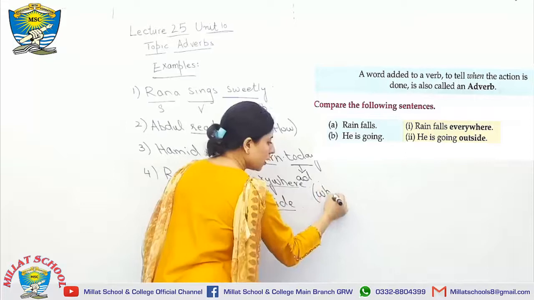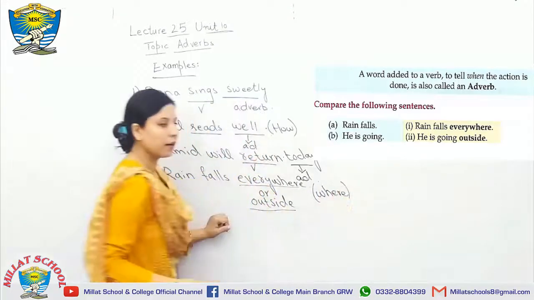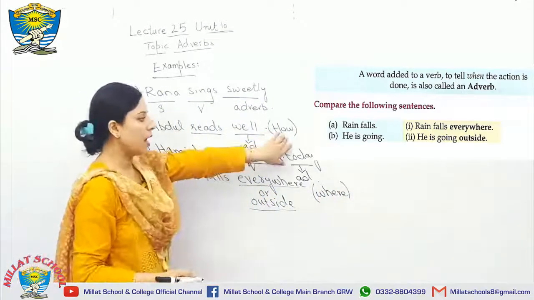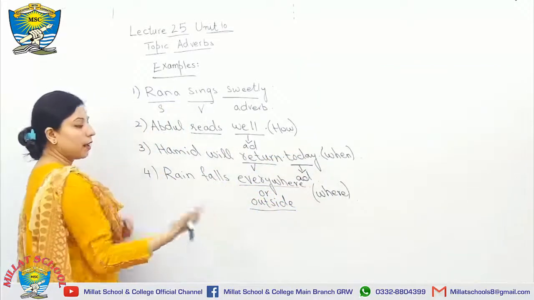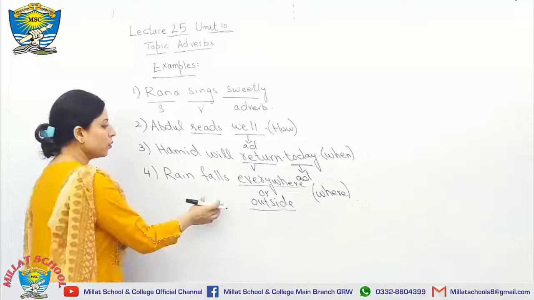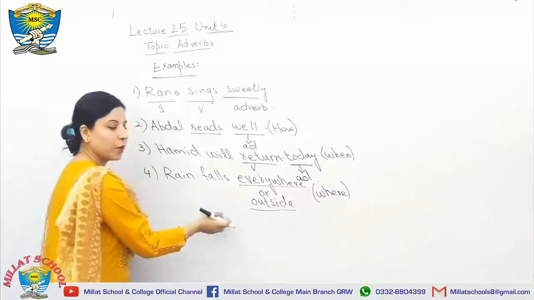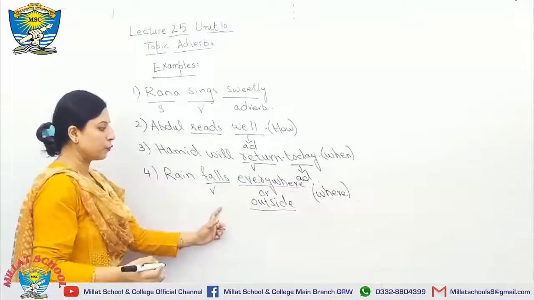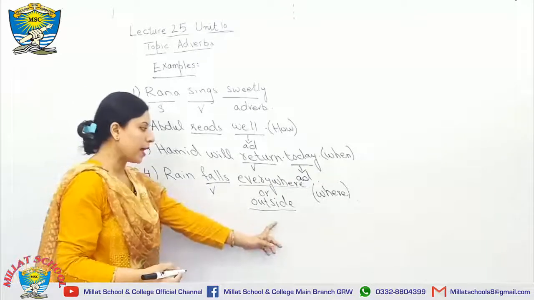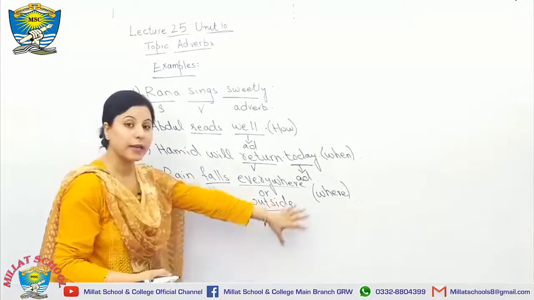Now we have used our WH words here: how, when and where. These questions in our mind tell us about adding some meaning to the verb, like falls is again a verb and falls is followed by everywhere, which is our adverb.